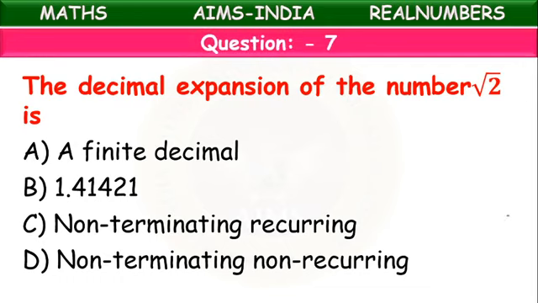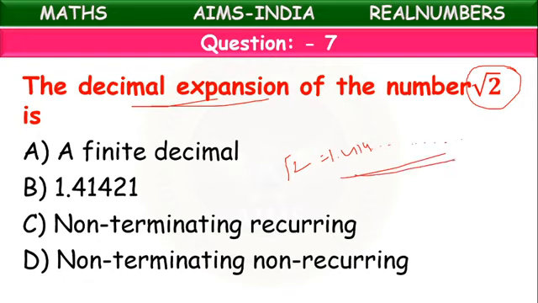Next, the decimal expansion of root 2. Just now we have told root 2 value is 1.414 and so on. It doesn't terminate. Is it a finite decimal? No. It will go on up to infinity. It's not finite.